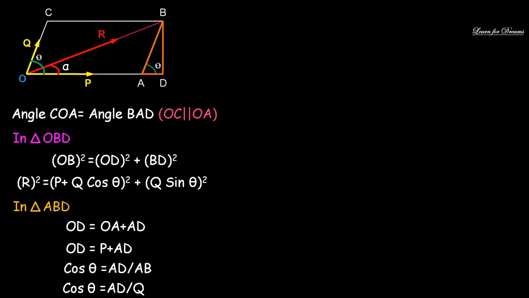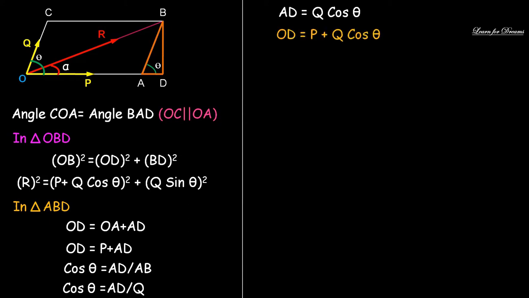And we know that AB is parallel to force Q. Hence we can replace AB by Q. Therefore, cos theta is equal to AD divided by Q. Hence, AD is equal to Q cos theta, right? Therefore, OD is equal to P plus Q cos theta.